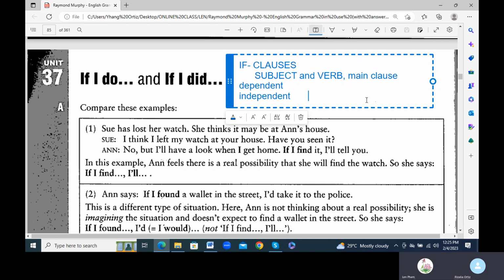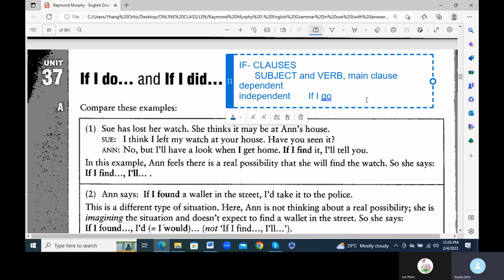For example, starting with if, let's say, if I go. Do you understand this sentence? No, it is not complete. So we call this a dependent clause.